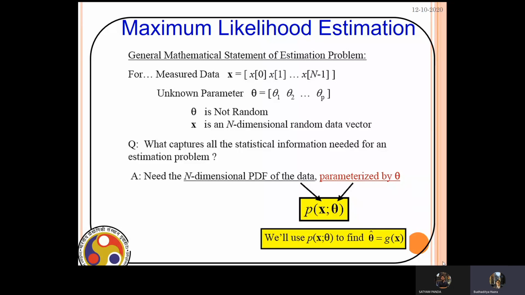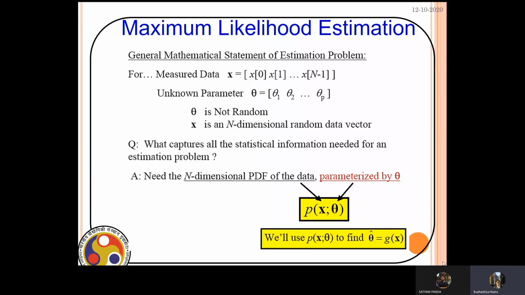Ideally it forms an n-dimensional data space, because you don't know whether x0, x1, x2, x3, x4 have the same distribution or not. That assumption cannot be made a priori, so in general it is n-dimensional. If there are n data points, we have the joint density function that is n-dimensional, and of course it is parameterized by the theta vector.